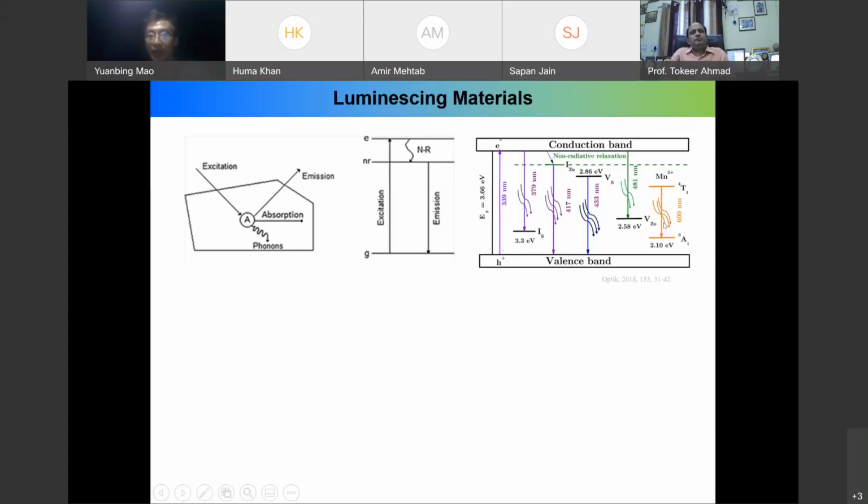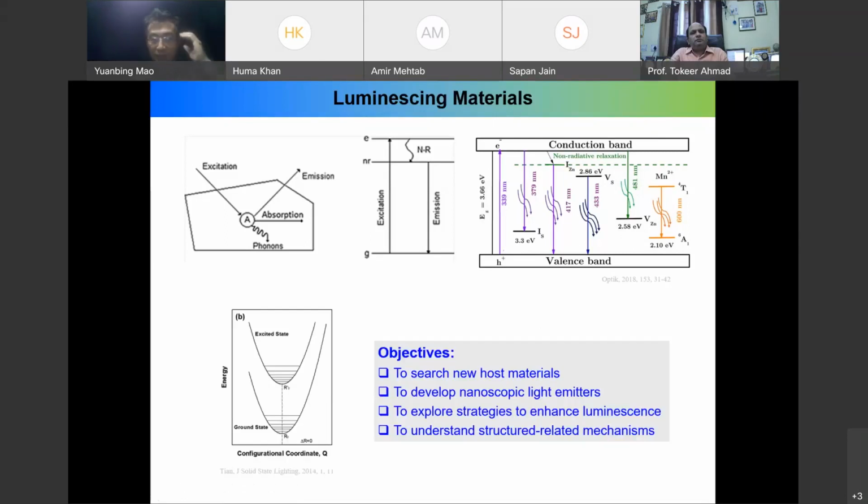It could be sitting in this band, or maybe straddling the conduction band or the valence band. But really, if we want to get the emission from these dopants, these energy levels should be within the band structure of the host materials. So that is the other thing: how do we get these connected?